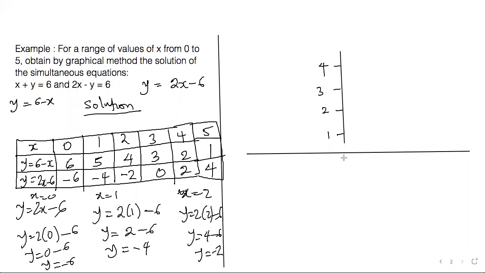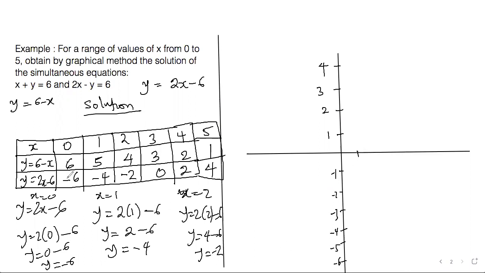Try it again. If this is minus 1, minus 2, minus 3, minus 4, minus 5, minus 6. This is not drawn to scale, it's just a sketch.